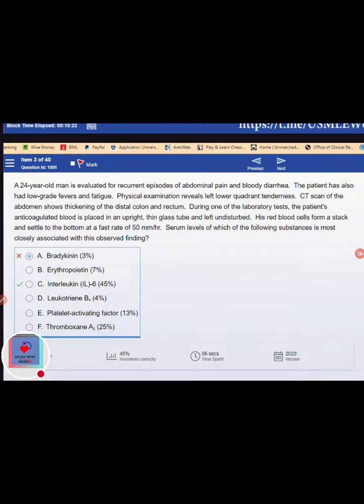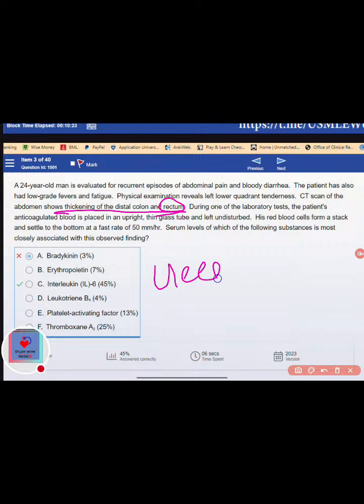So, what we have learned from this question? There is low shows thickening of distal colon and rectum. If rectum is involved, it is ulcerative colitis.